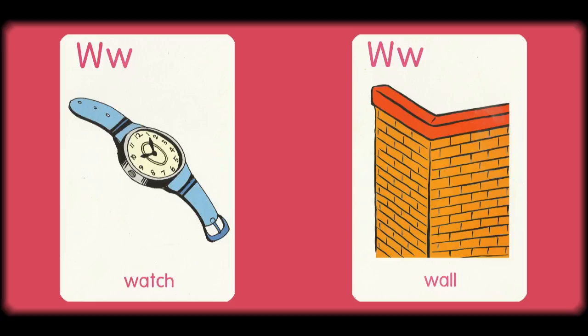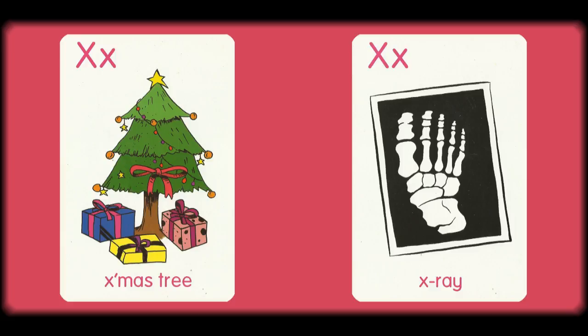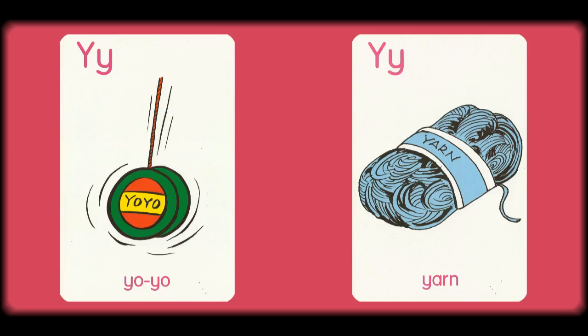W sounds like W, as in watch and wall. W, watch. W, wall. X, as in Xmas tree and X-ray. X, Xmas tree. X, X-ray.